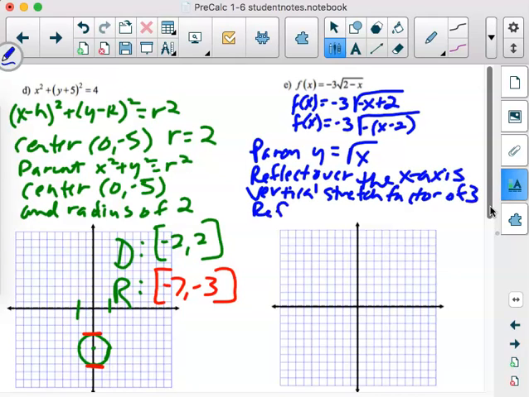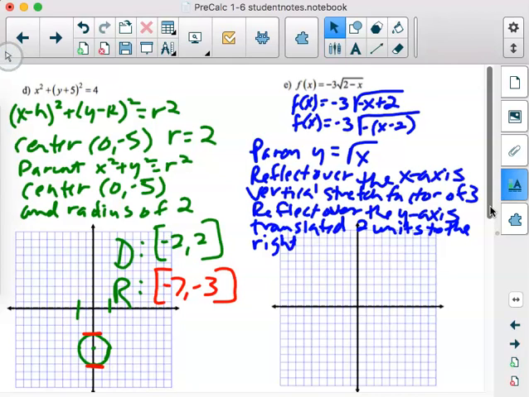We will have a reflect over the y-axis, and we will have a translation, so translated 2 units to the right.